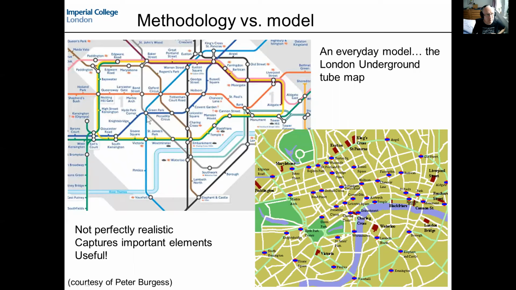You look at the tube map and you can see the arrangement of the tube stations and the underground lines that link them together. It's quite stylized, and distance isn't represented very clearly, but on the other hand, it captures important elements about how the stations are positioned spatially with respect to each other. So even though it's somewhat simplistic, it's useful. And this is true for other conceptual models that we use all the time as well. We know that the detail may be incorrect, but what we're trying to capture are the generalities within these models.